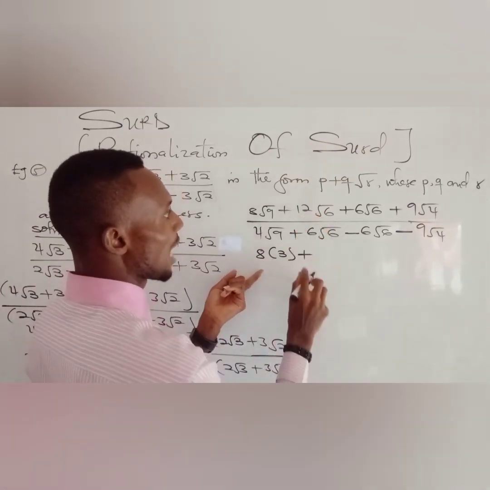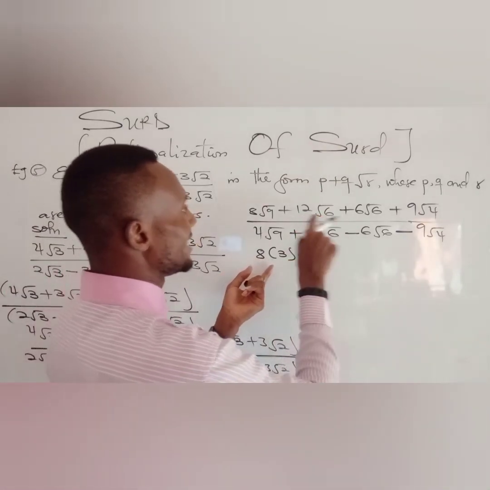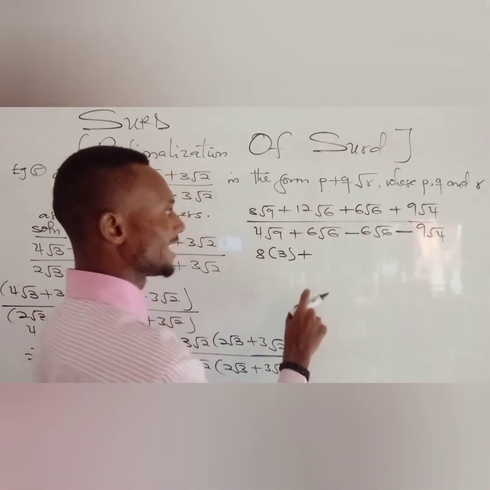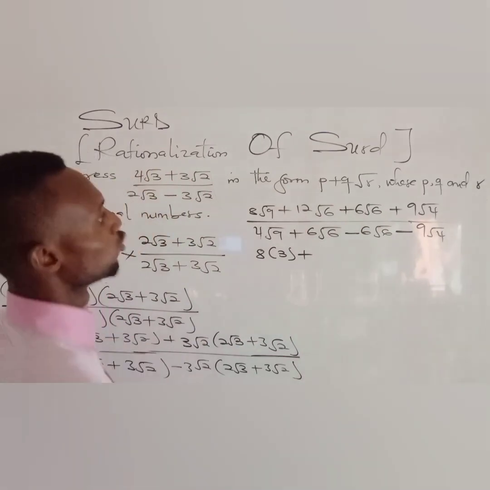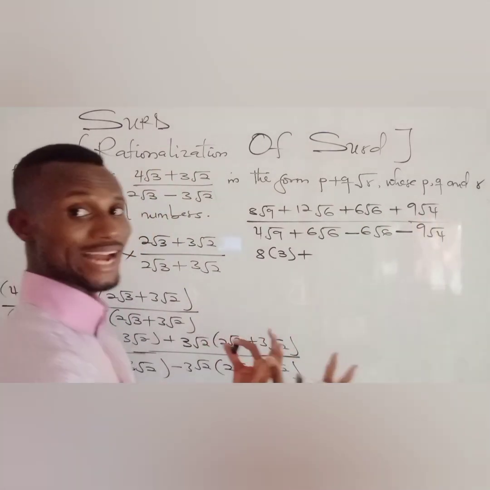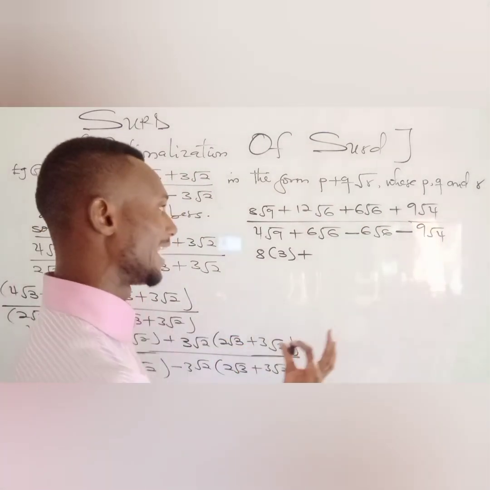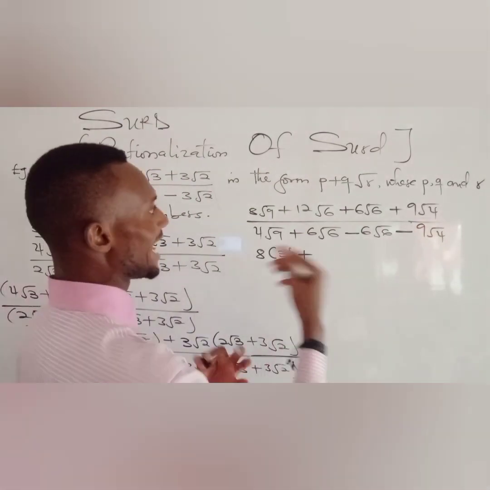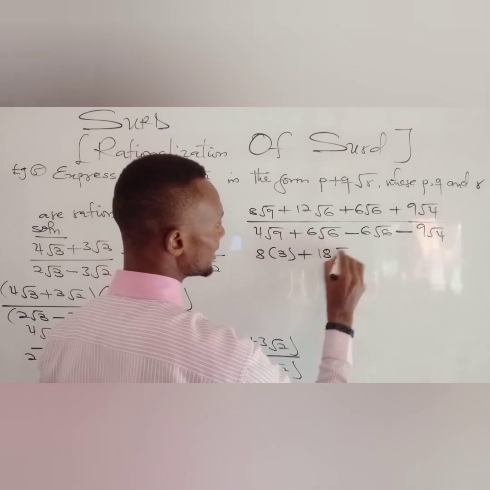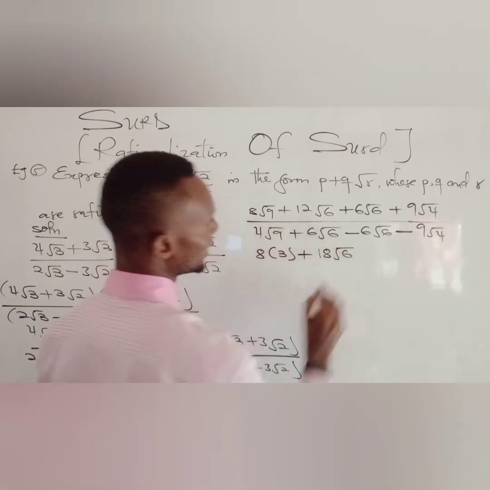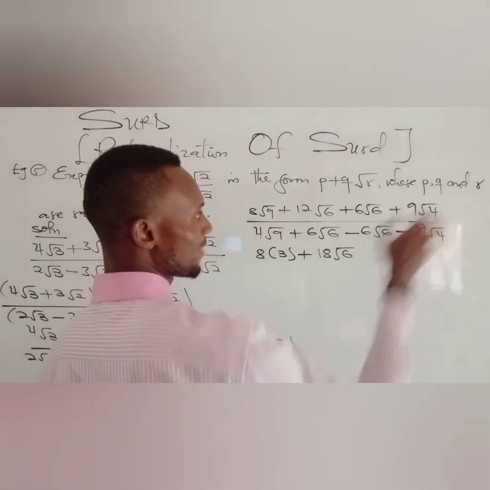Plus, now I'm going to simplify this and this, because they are like terms. 12 root 6 plus 6 root 6, we can simplify them because they are like terms. That is going to give me 18 root 6, and I hope you agree with me. Then now we can simplify this one also.